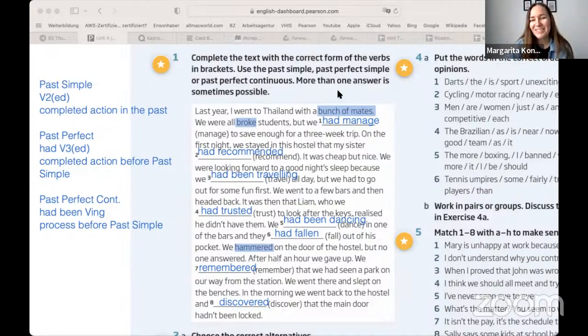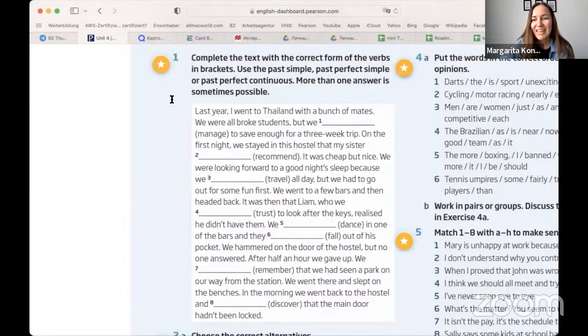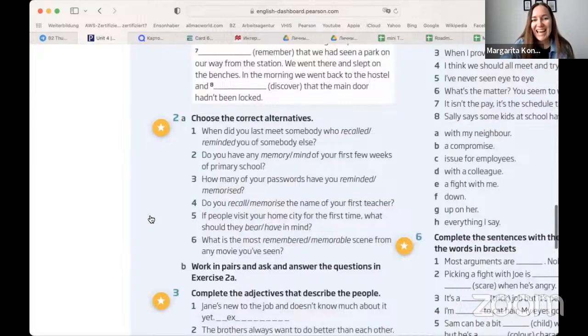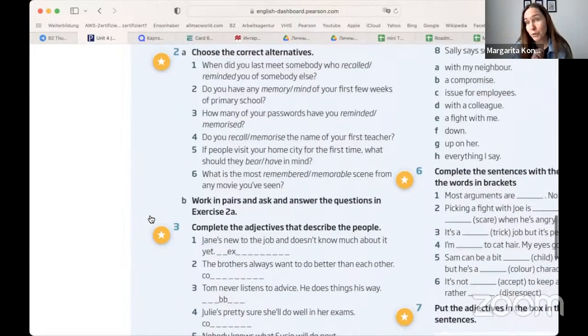And it's always great to hear some new vocabulary, some new words and phrases. Excellent work. Okay, let's go on. And here we'll work a little bit with vocabulary that we learned. It was memory vocabulary, yes?